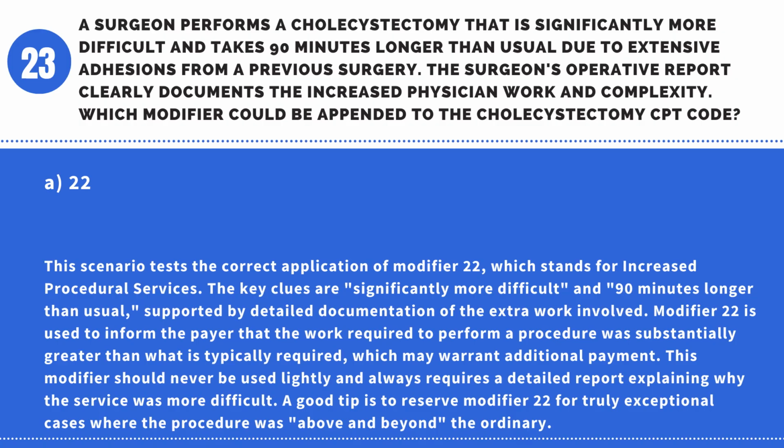Modifier 22 is used to inform the payer that the work required to perform a procedure was substantially greater than what is typically required, which may warrant additional payment. This modifier should never be used lightly and always requires a detailed report explaining why the service was more difficult. A good tip is to reserve modifier 22 for truly exceptional cases where the procedure was above and beyond the ordinary.